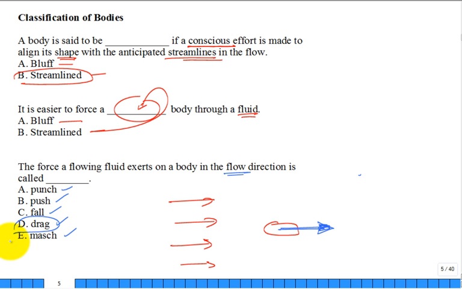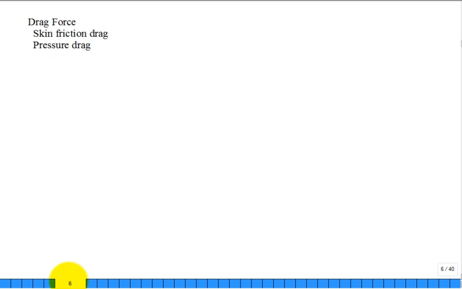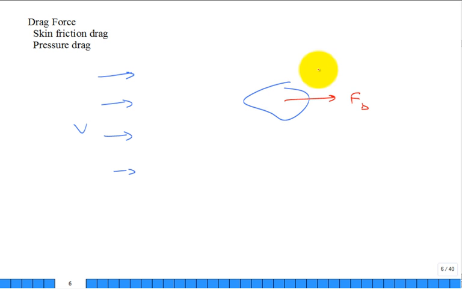Right? And then guess what the opposite is? Well, first of all, you have an object, you have that free stream approach velocity, V, and you get a net force on it, FD, and that net drag force can be because of pressure distribution as well as skin friction drag. So first of all, think about the pressure. It'll be high on the front end and low on the back side, right?